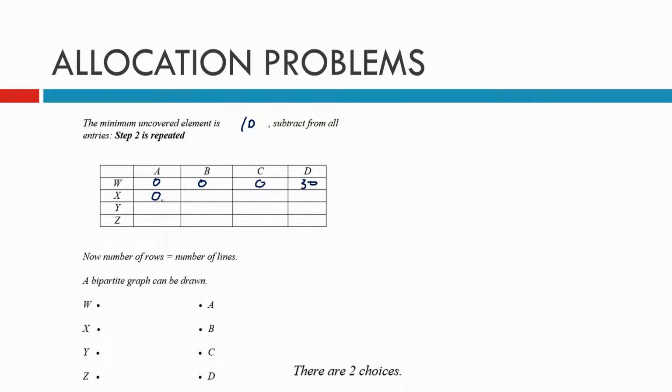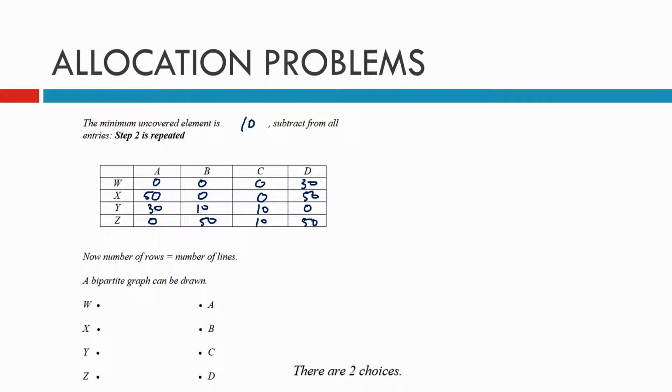And then for the next row, 50, 0, 0 and 50. 30, 10, 10 and 0, and 0, 50, 10 and 50. Because you're just taking 10 away from each element.